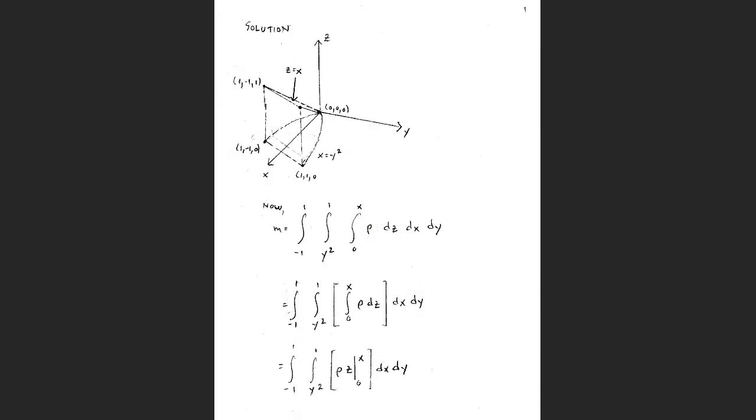If we go back to the picture and think about up and down, the XY plane, the solid goes from z equals 0 and the top part of the solid is at z equals 1.